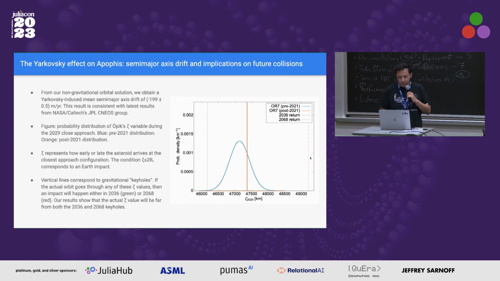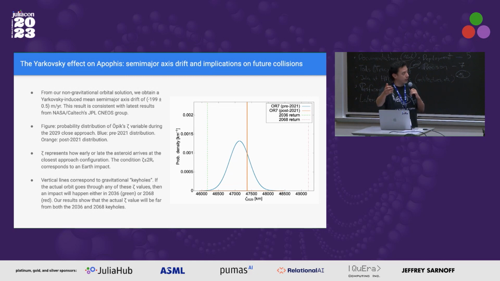Okay, so what about the impact for later dates after 2029? What we see here is the orbital uncertainty distribution plotted with respect to a variable which we call zeta. What we knew before 2021 was just the blue distribution.